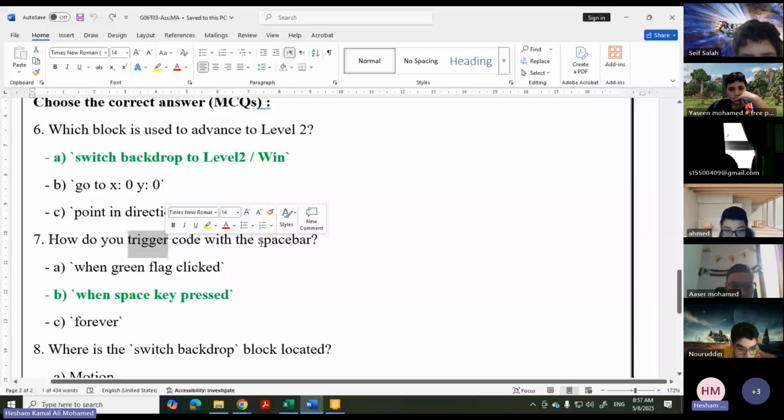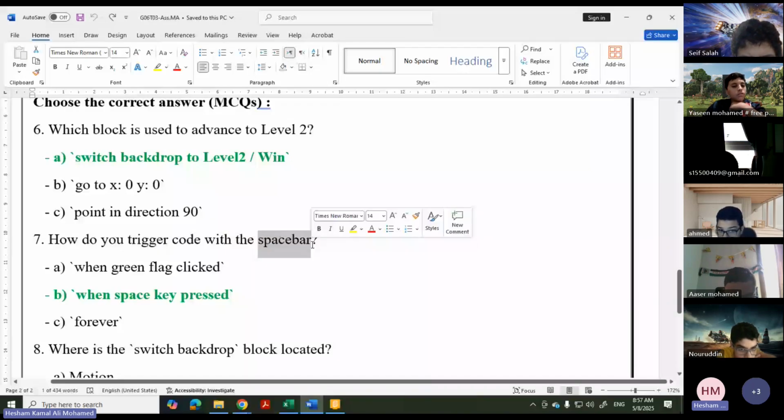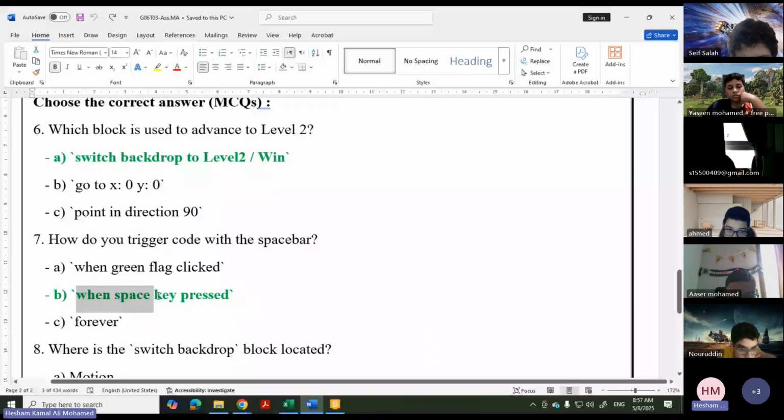When space key pressed. This is the one with the space bar, space key. Here, as you can see, when green flag clicked doesn't have any space key or space bar. Forever doesn't have any space bar. Because I need a space bar to trigger the code, or to make the code run.